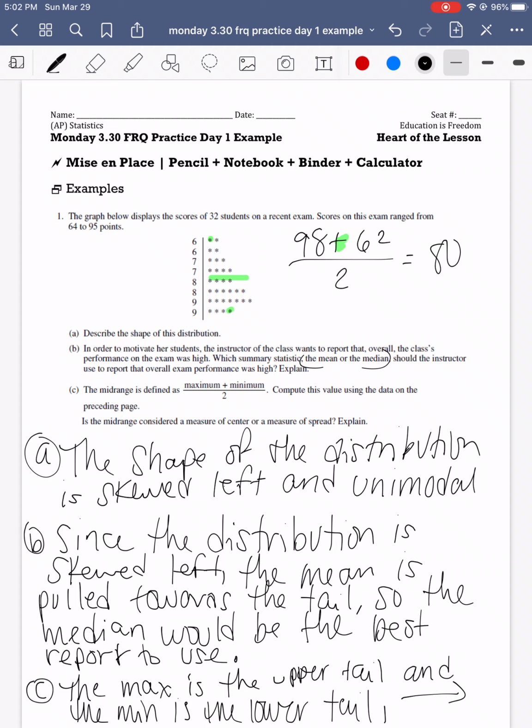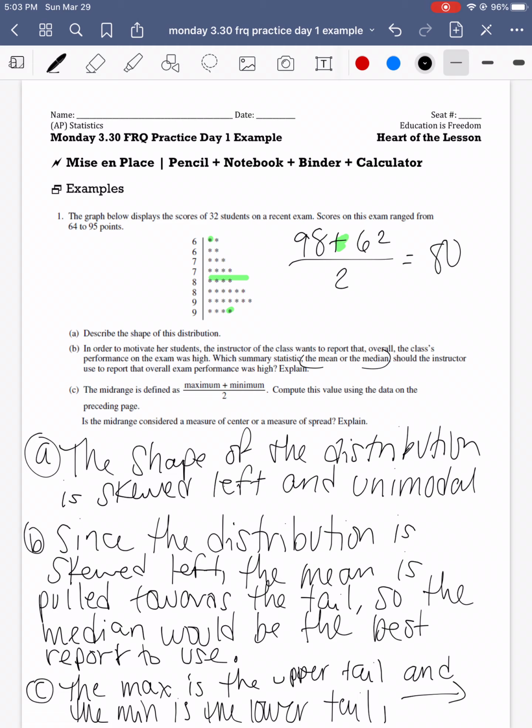They're asking you to apply information, not necessarily regurgitate what you've been taught. So parts B and C are really the application of what you know about the center of your data, where part A is just asking you to regurgitate. It's really just saying, do you know the definition of a shape of distribution? Can you name it? And then the other two parts are really the application.